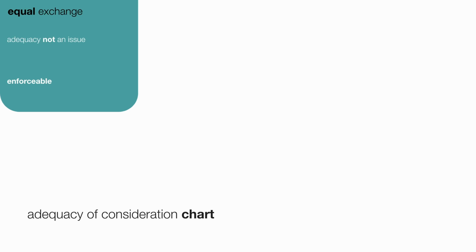Do we look at the relative values of the things being exchanged and say, should we really treat that as sufficient or adequate to satisfy the element of consideration? And obviously, if it's a completely equal exchange, there's not even a question about adequacy.